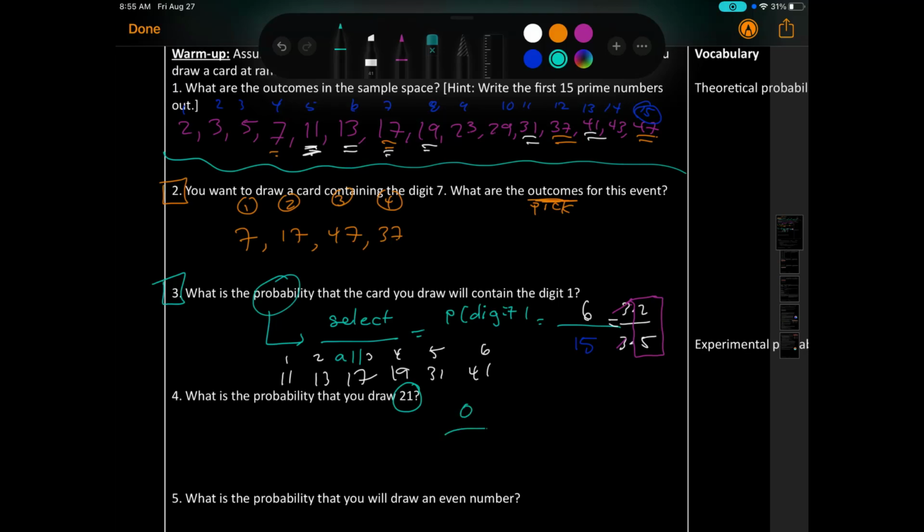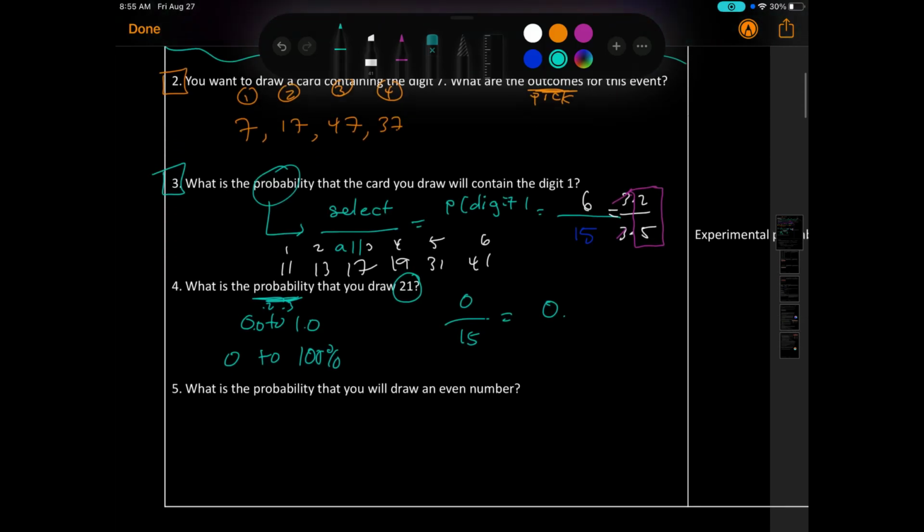That would be 0 out of 15. So that would be a 0. Remember, probabilities are numbers between 0 and 1, or 0 to 100%, because you might have something like 0.2 or 0.3. You can convert it to a percent by multiplying by 100, but you can't even pick 21, so that would be 0%.